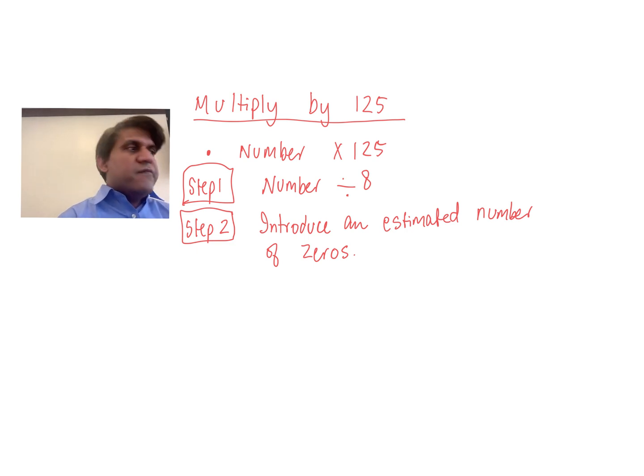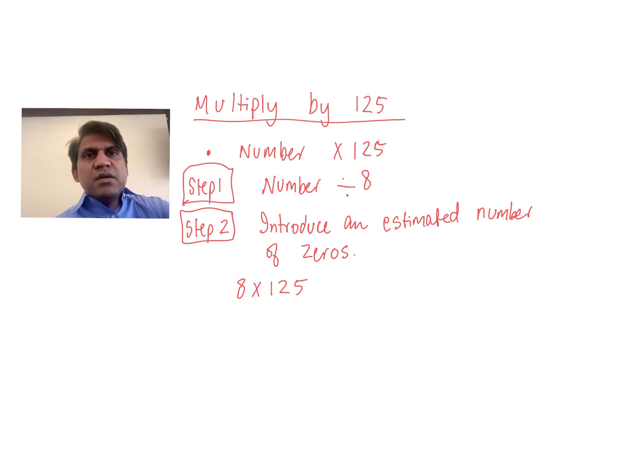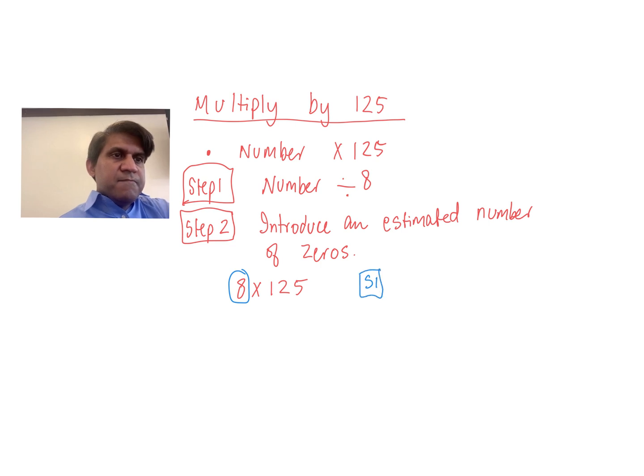So for example, if I were doing 8 times 125, the first step that I'm asking you to do is to take this number and divide it by 8. So step 1, that's a fairly easy division, so I get a 1.